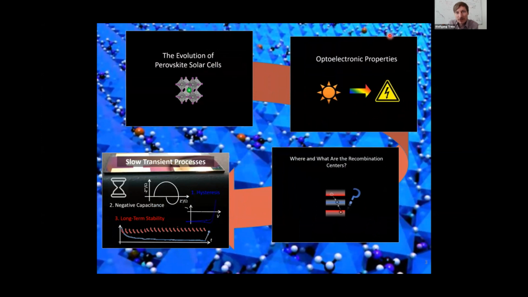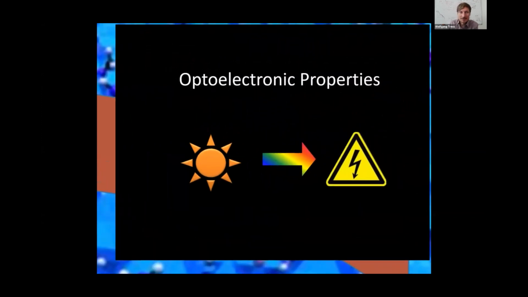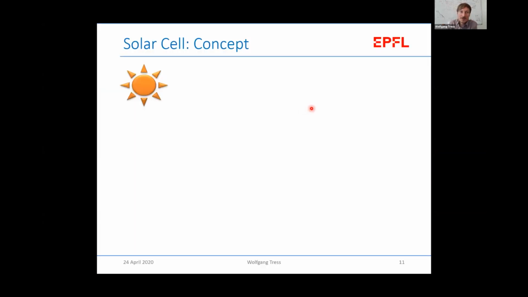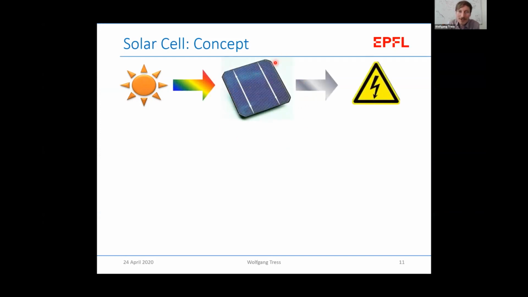Now we want to go a little bit more into detail on solar energy conversion. What we want, of course, is to convert the sunlight directly into electricity in our solar cell. Here we just sketch the silicon device. Coming back to the very simple sketch of a semiconductor with valence band and conduction band states, of course, we need to absorb the light.